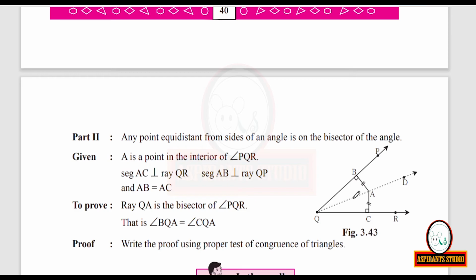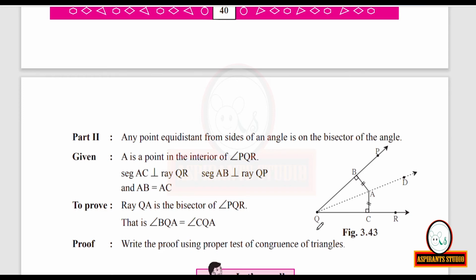Within brackets you have to write given.